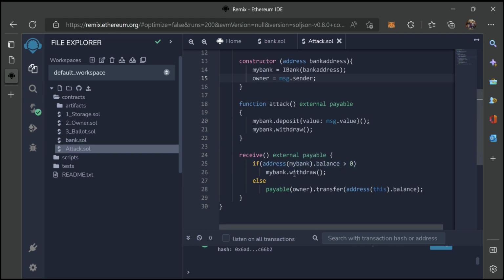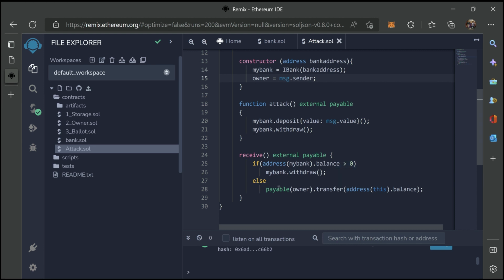So attack is going to call withdraw again. So line 26 is going to be called again like a loop until all is drained out, until the balance is either equal to zero or even smaller. I don't think it's possible to be smaller.